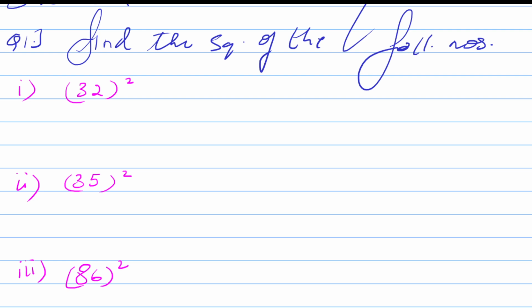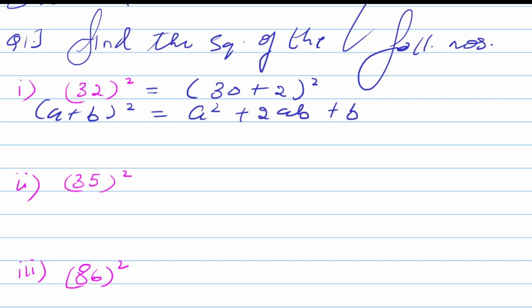For that, you will first split the number into two smaller parts, meaning 32 can also be written as 30 plus 2 whole square. In your younger years, or probably this year, you must have learned the formula a plus b whole square, which is a square plus 2ab plus b square.